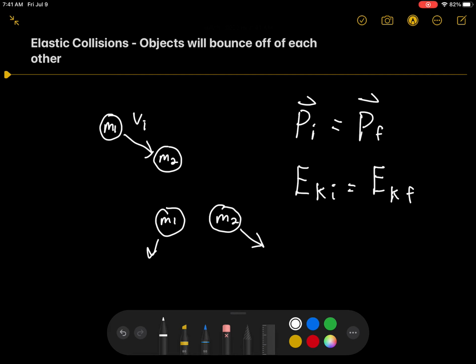And the reason why elastic collisions do conserve this energy is because all of this energy is being transferred into kinetic energy. Whereas with inelastic collisions, that energy is being transferred into other forms, whether it's thermal, sound, or material deformations. Let's look at an example.